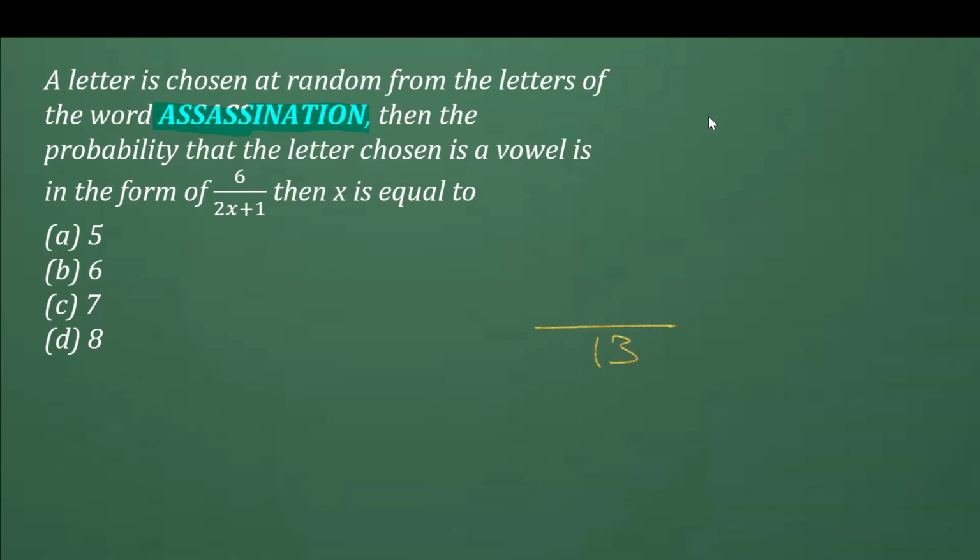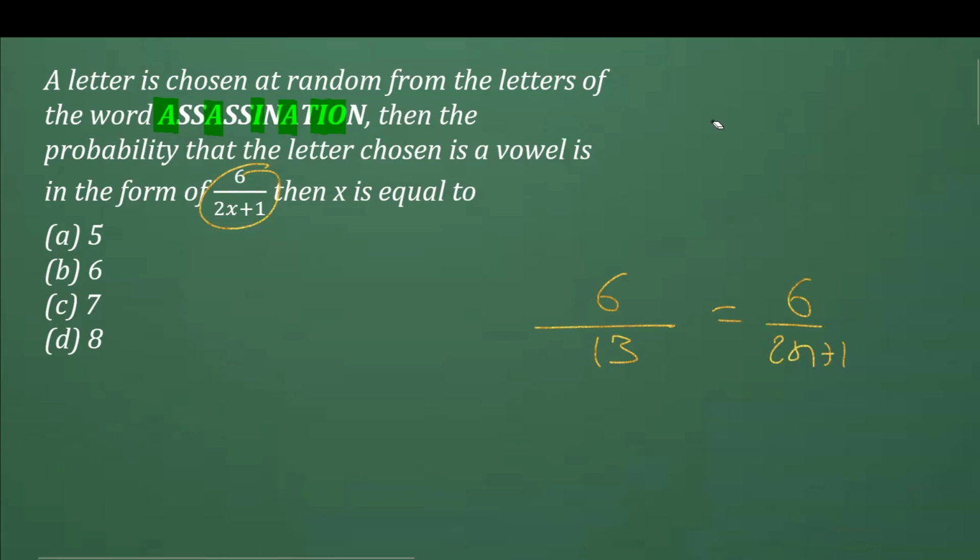And if I count the favorable, which is a vowel, even repetition should be taken. So this is 1, 2. A is a vowel, I, A, I, O. So they are 1, 2, 3, 4, 5, 6. So 6 is favorable and total is 13. So the required probability will be 6 over 13, which according to the question is 6 over 2x plus 1.